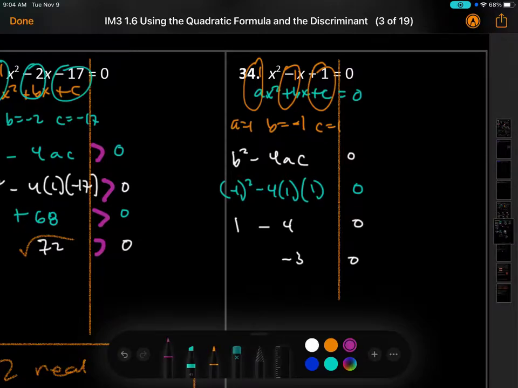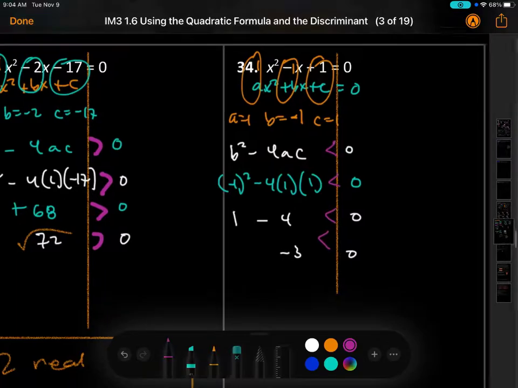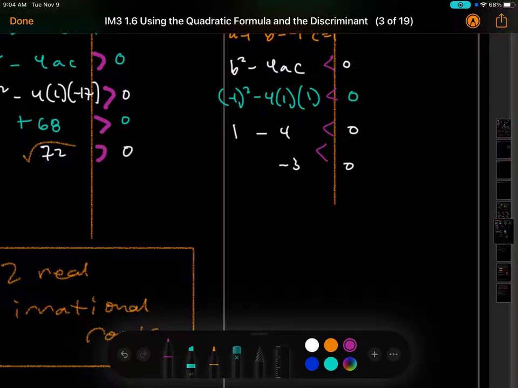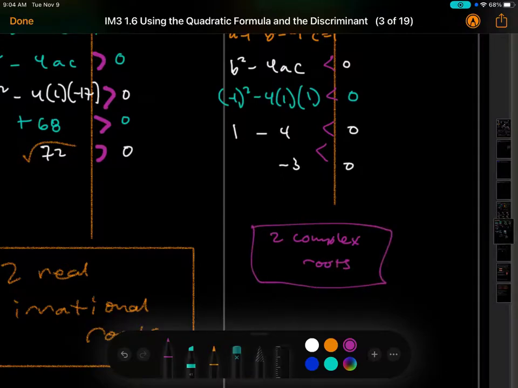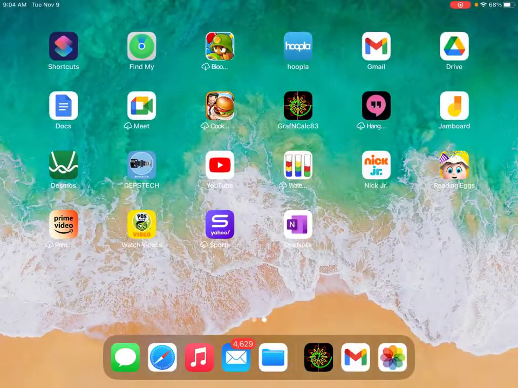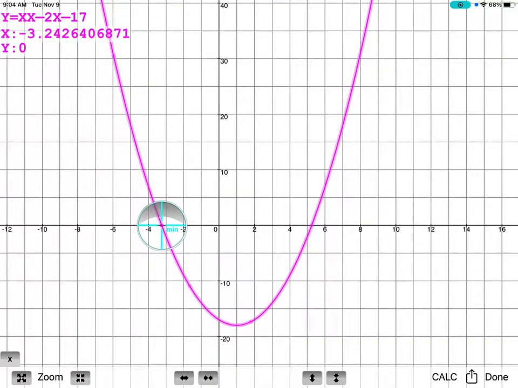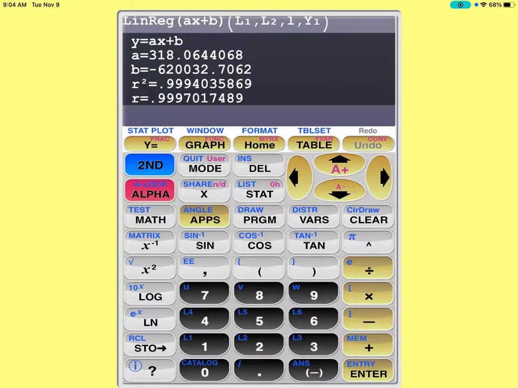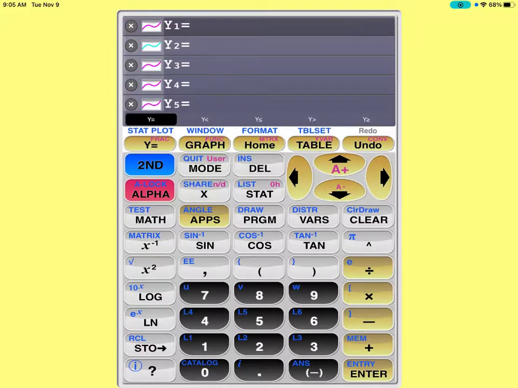And negative 3 is what? Less than. So if your discriminant is negative 3, you have 2 complex roots. Remember, you can always graph that. x squared minus x plus 1.